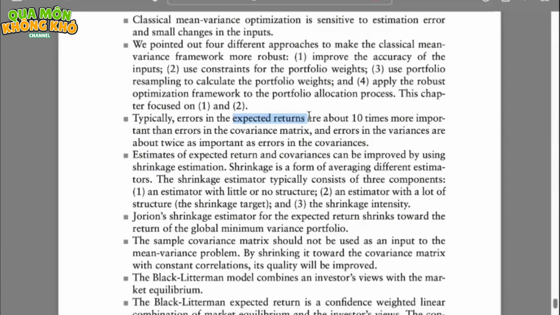We can ask experts or financial analysts in the financial market, and they will give us their opinion that helps us build the expected return more precisely. So the expected return is very important, and the Black-Litterman approach will adjust the expected return. With the opinion from the investor, they can adjust the expected return, and this gives us a more precise result.